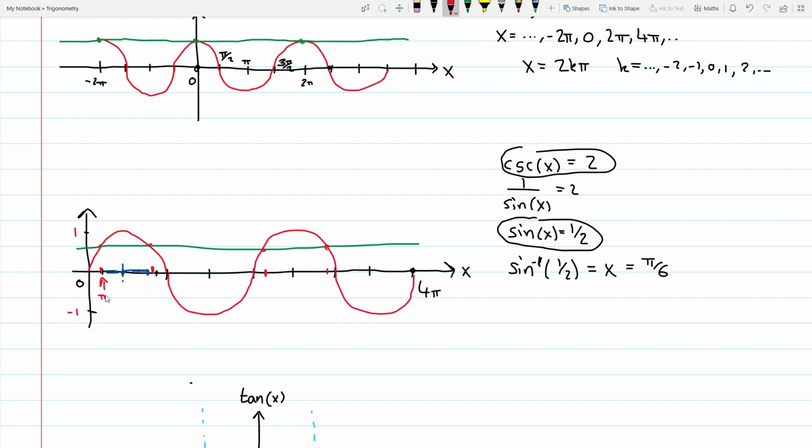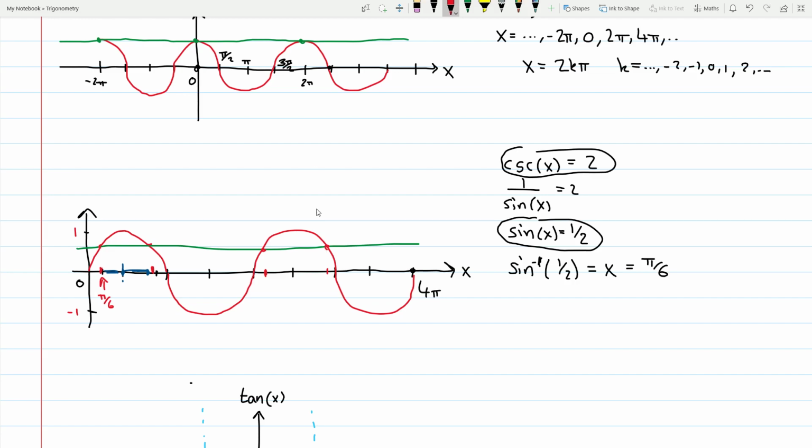But there are 3 other points where the sine function equals a half. So how do we find those? Because the calculator hasn't given them to us. Our inverse function, although it takes outputs back to inputs, has only given us one input, which gives us our wanted value.